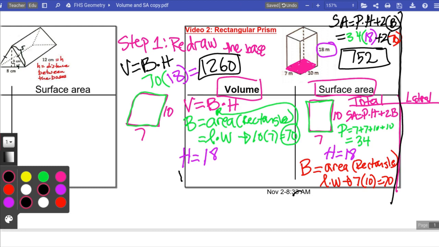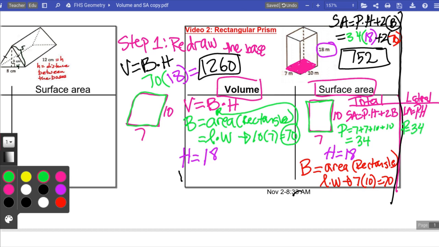For the lateral, if you remember the formula, LA equals perimeter times big H. The perimeter, we already know, is 34.